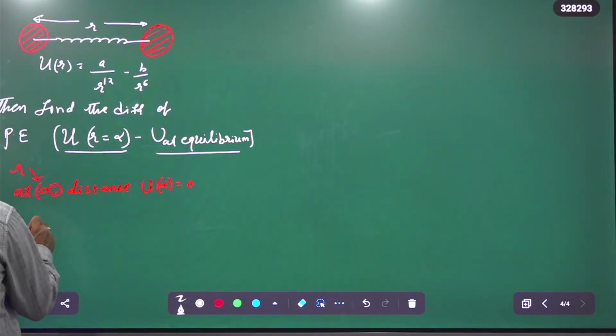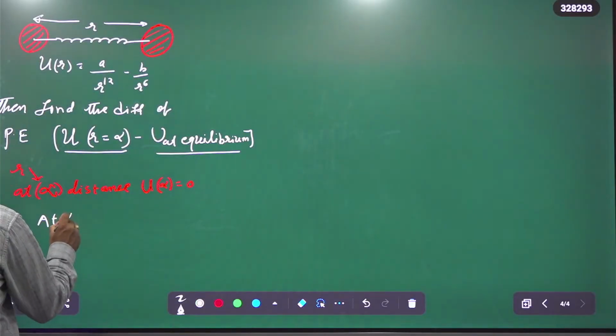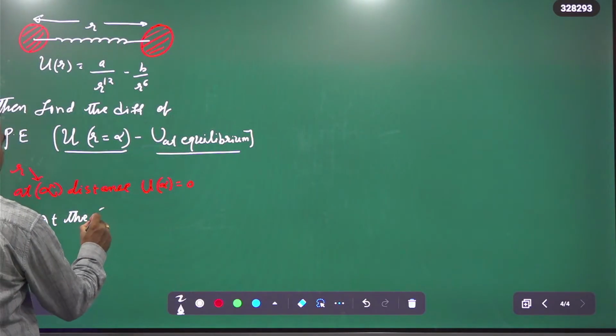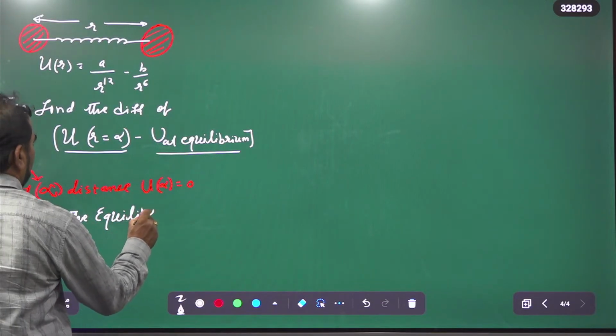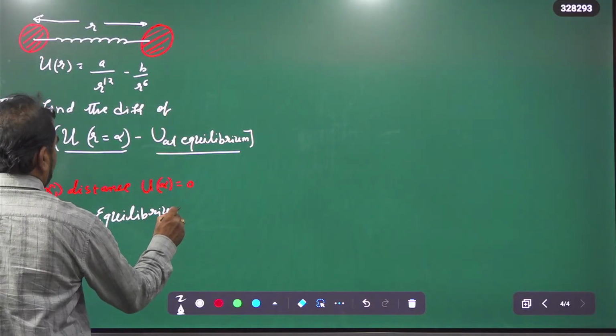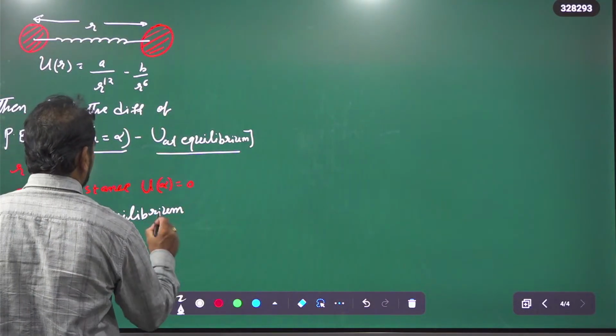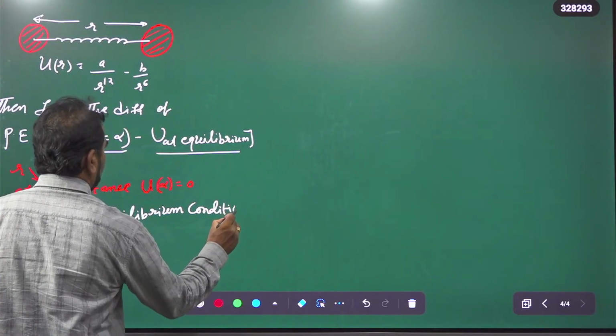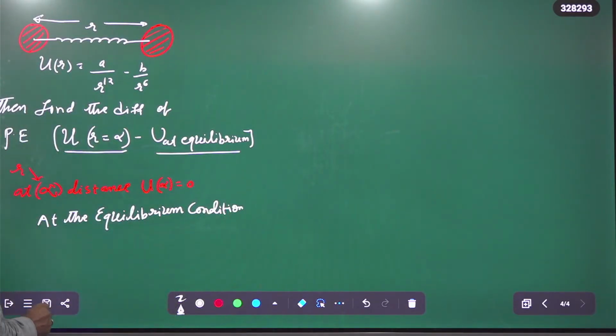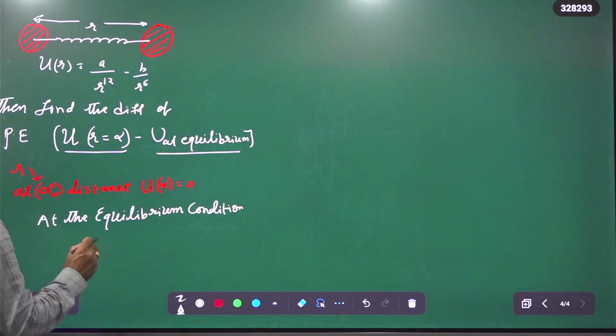At the equilibrium condition, what is the potential energy? That is what we have to calculate now.